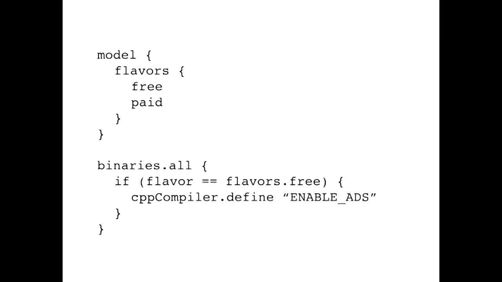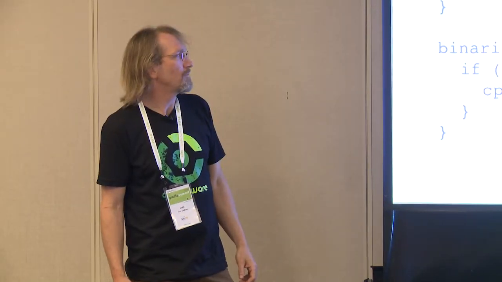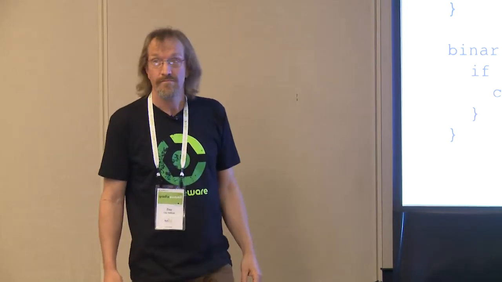This is an example of a rule that says, if the flavor is the free flavor, then define a macro for the C++ compiler. Let's say you've got a really simple thing: we've got ads enabled on our free app, so we're going to define the enable ads macro on our C++ compiler. So that's the first dimension we're looking at, flavor.